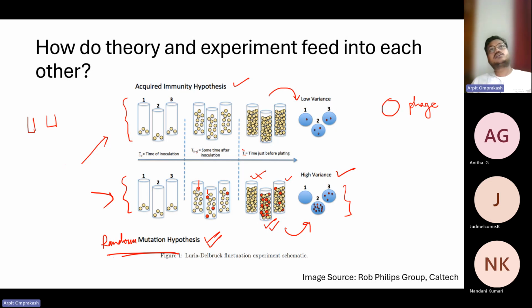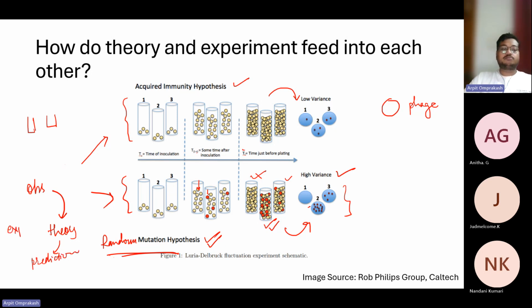Based on these two theories, they were able to make predictions and design an experiment to test those predictions. So basically, it's like a closed loop, where we have some observations which help us generate a theory. Then based on the theory, we have some predictions, right?